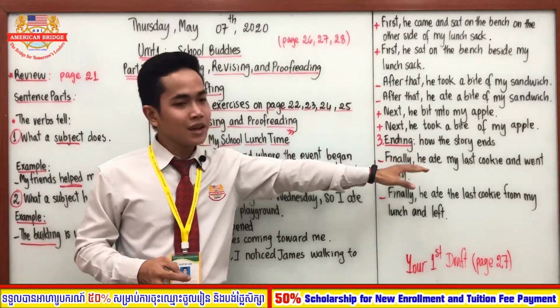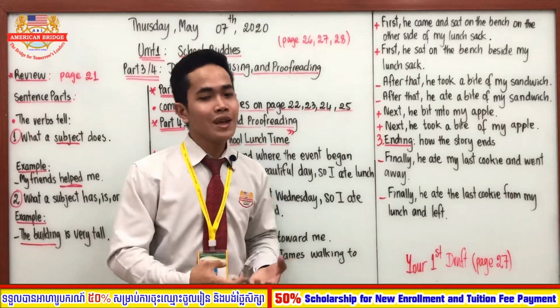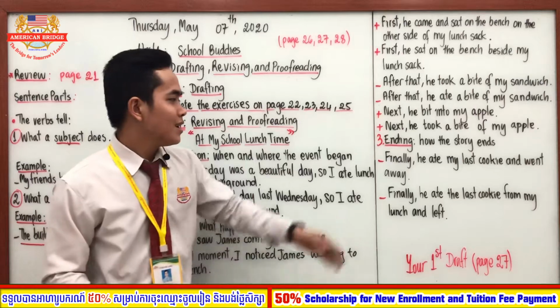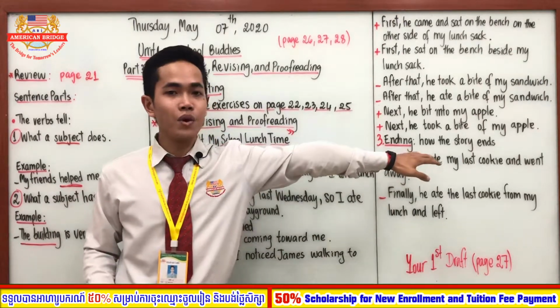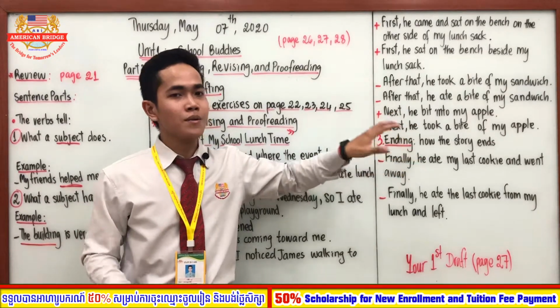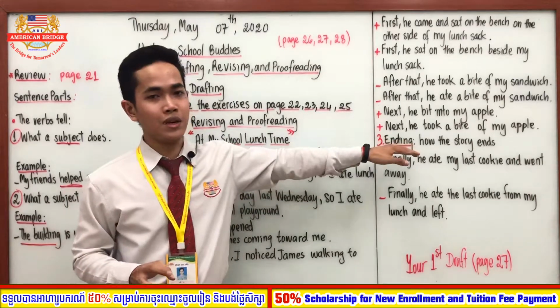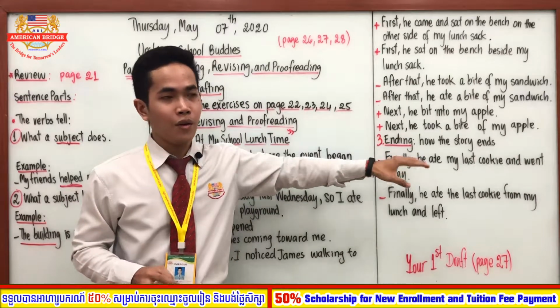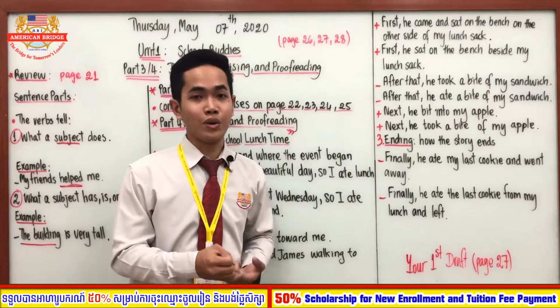In the ending, it shows how the story ends, how you make it end. As you can see, they use the linking word "finally." If you want to end your story, you have to use the linking word "finally," or another linking word like "in conclusion."